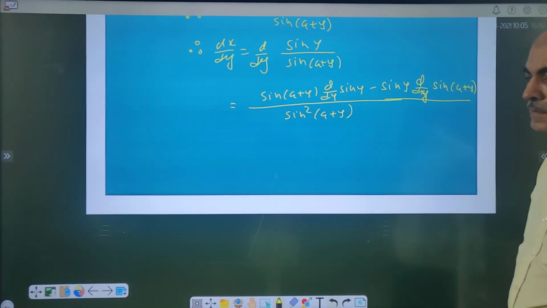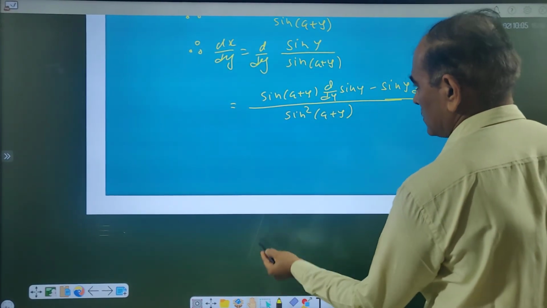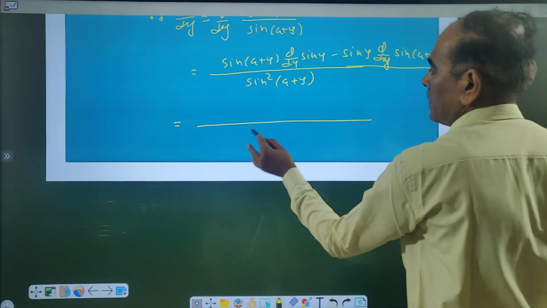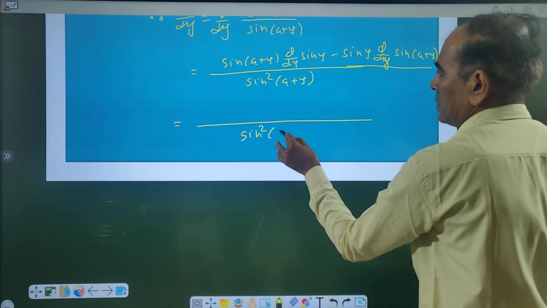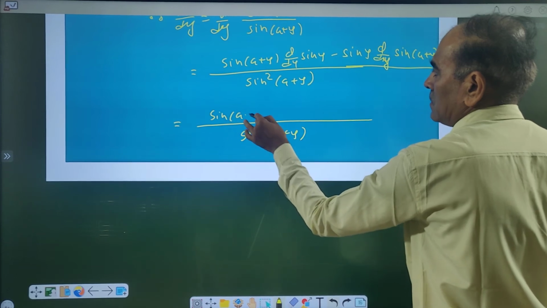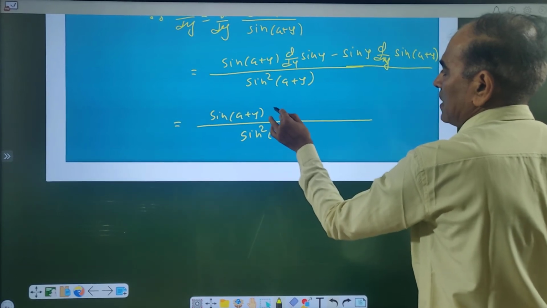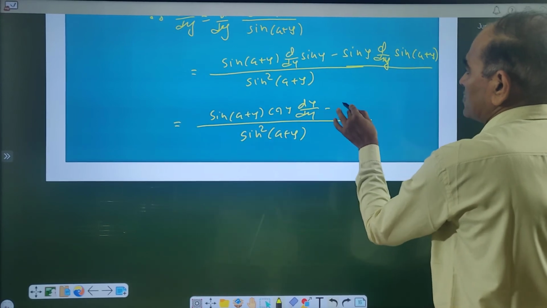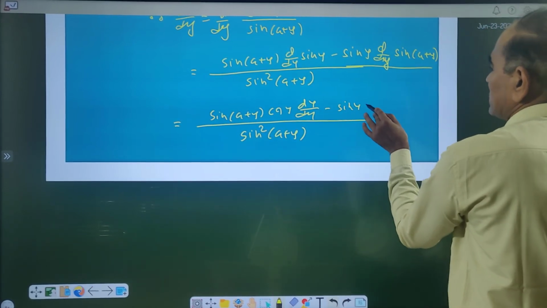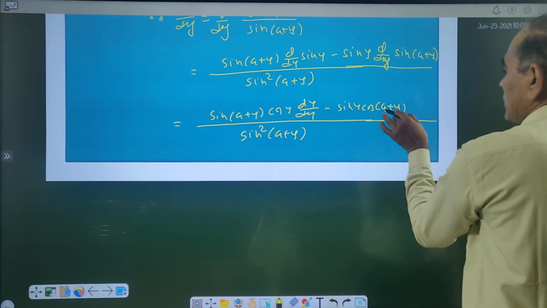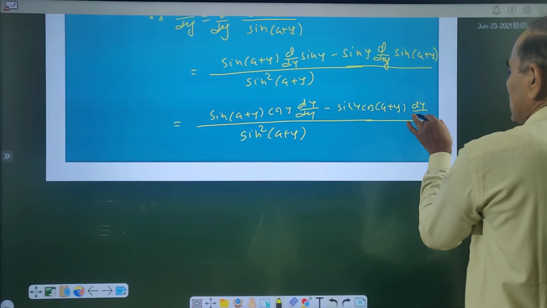Yes or no? Yes. So that is equal to denominator quantity whole square. Sine of a plus y, sine some function, cos function, d by dy of some function. Sine y, sine some function, cos some function. d by dy of a is 0 into d by dy of y.